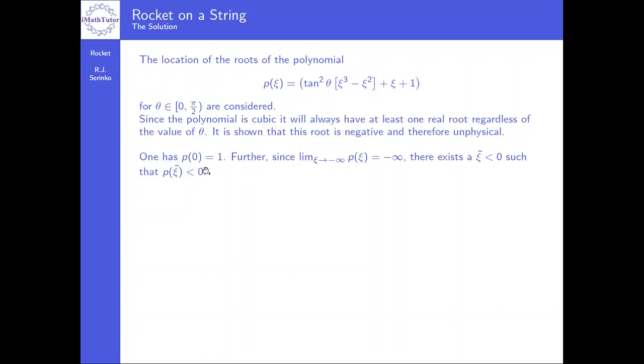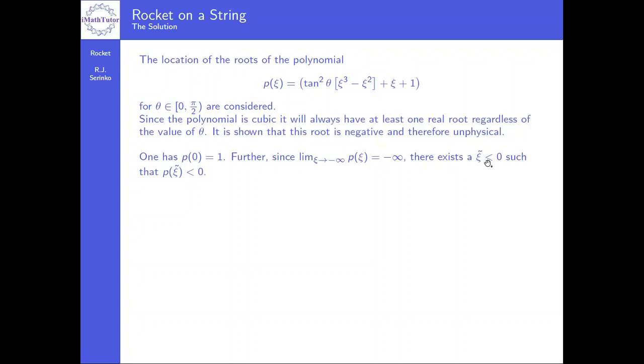Now, p of 0 equals 1, and that's just plugging in 0 for z. And as z goes to minus infinity, the polynomial goes to minus infinity. Notice z cubed dominates, this is positive, this goes to minus infinity, so the whole thing goes to minus infinity.